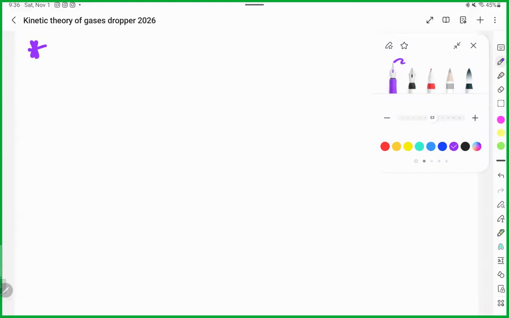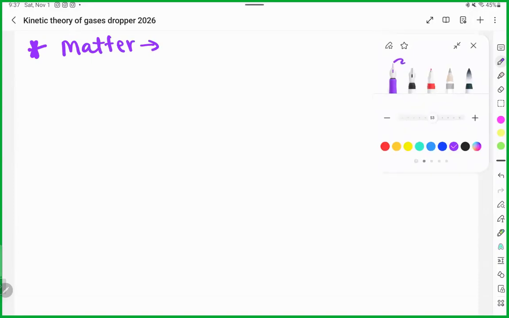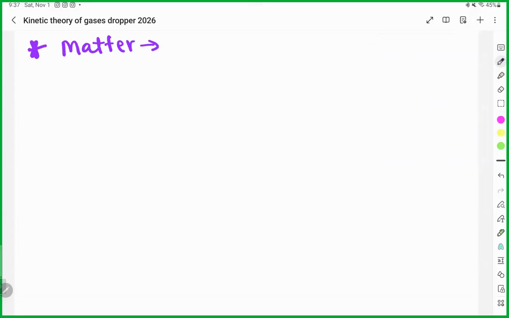Anvita, how many states of matter do we have? Three. Pratigya, how many states of matter do we have? Three or five? Is it three or five?